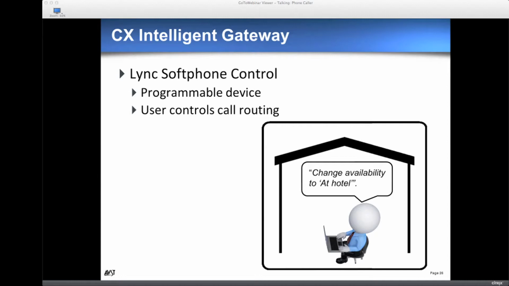And that means I can build up rules. And I can say, when I'm at my desk, send my calls to my desk phone. When I get ready to go into a meeting, I will enable something that says, send them to my Link client so I can answer them from there. When I go into the hotel and check in and get on the network, I can go ahead and say, change availability to my list called that hotel, and now I'm getting my phones on my Link client when I'm in my hotel, free of charge, which is kind of nice.